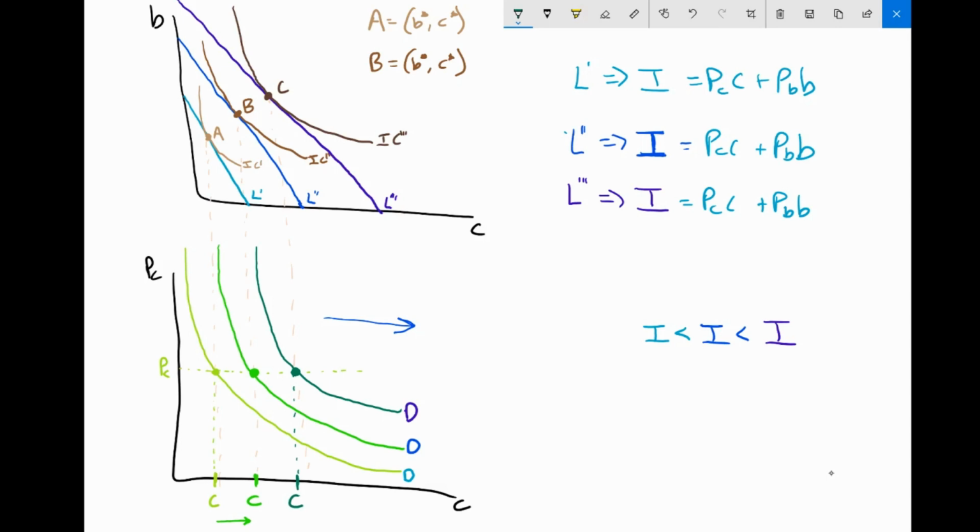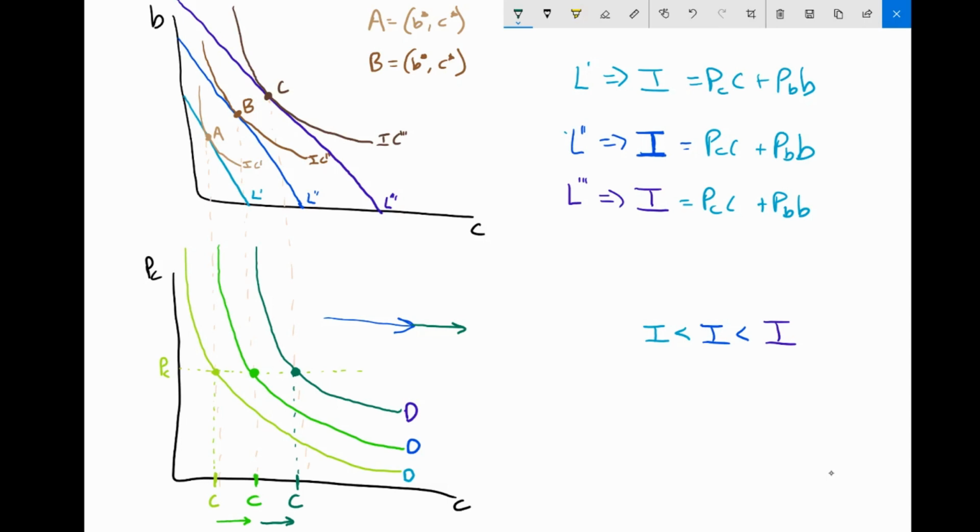And so demand increases by the demand curve shifting to the right as income goes up. Okay, so that's typically how increases in income will affect demand.